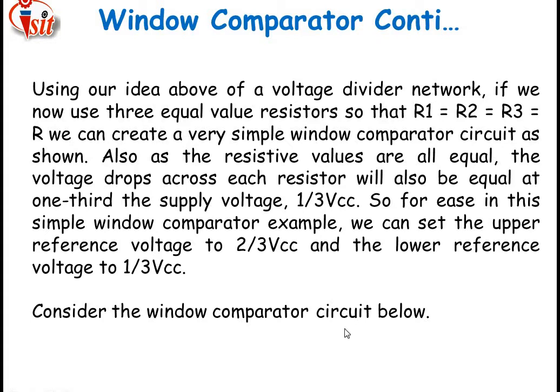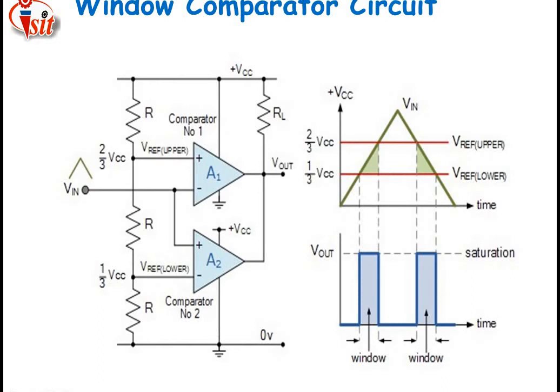Again, consider the window comparator circuit which is given below. This is the window comparator circuit. Just see, this window comparator circuit is formed by connecting two op-amps with each other, by giving input voltage and reference voltage for the first comparator, that is 2/3 VCC, and for the second comparator, that is 1/3 VCC.